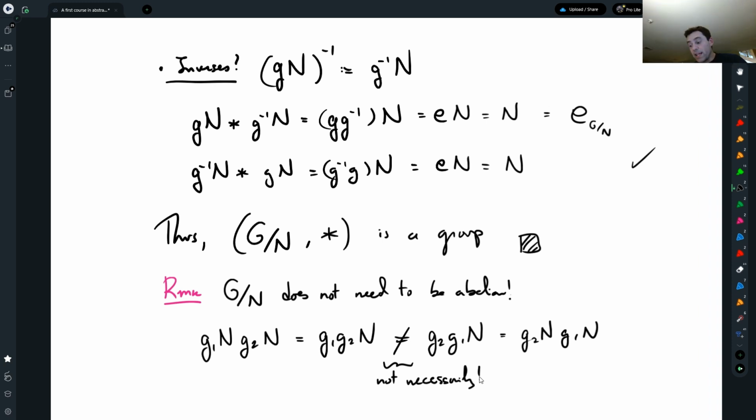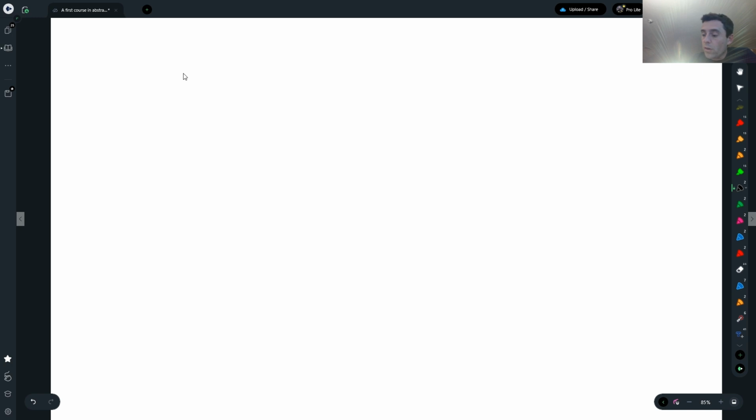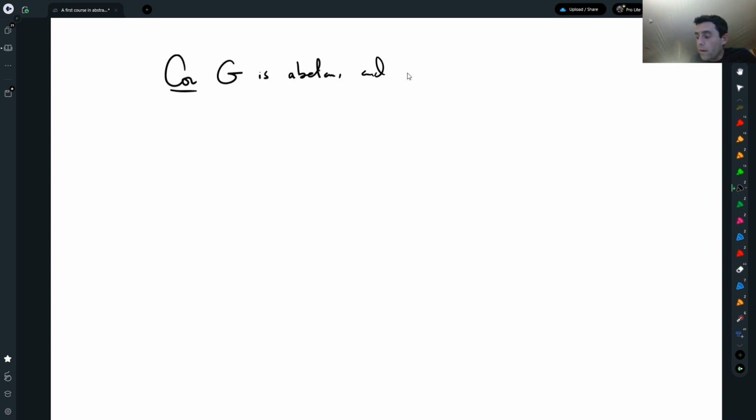What it does tell me, though, is that if G is abelian, and H is any subgroup, then G modulo N is an abelian group.